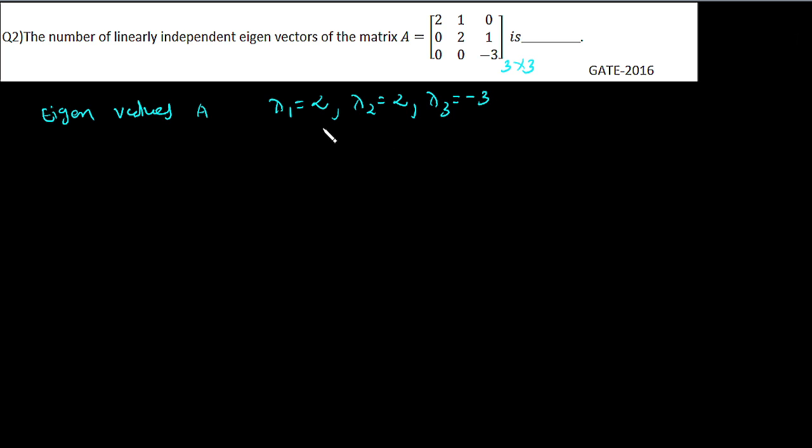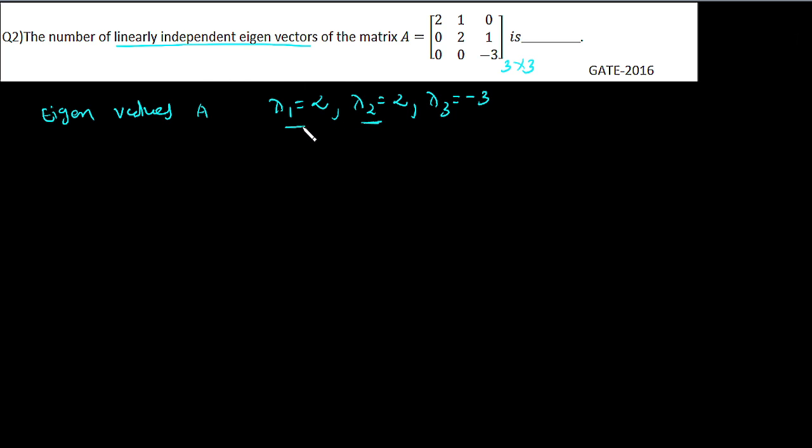Now we know that we get linearly independent eigenvectors if and only if the eigenvalues corresponding to these eigenvectors are distinct. Here these two values are the same, so we are not getting two linearly independent eigenvectors for lambda 1 and lambda 2.